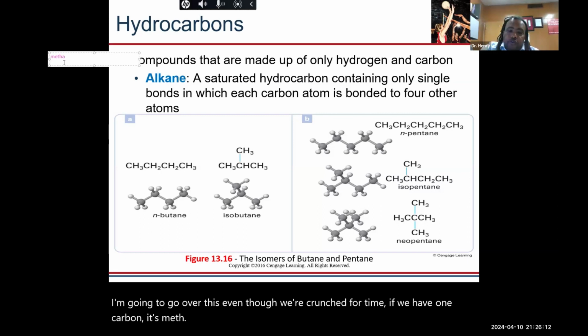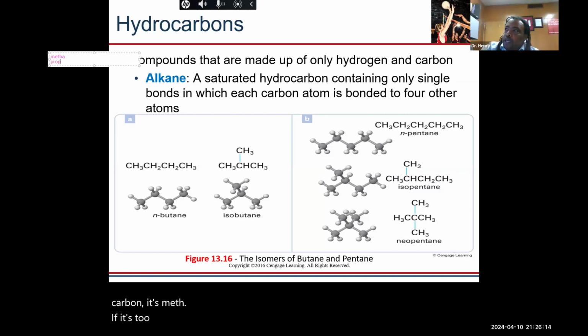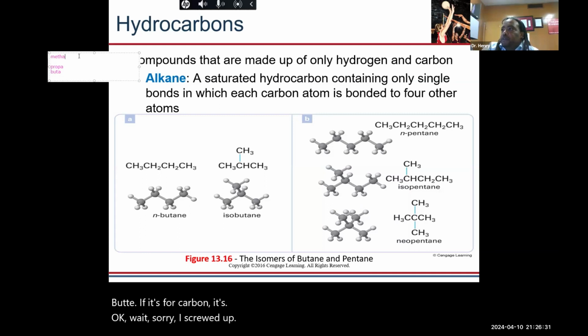If it's 2 carbon, it's prop. If it's 3 carbon, it's bute. If it's 4 carbon, it's... okay, wait. Sorry, I screwed up. That's 1. I forgot.